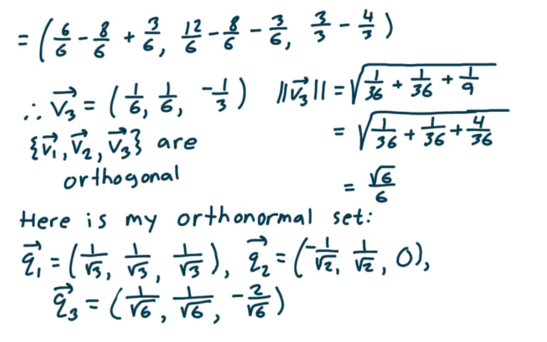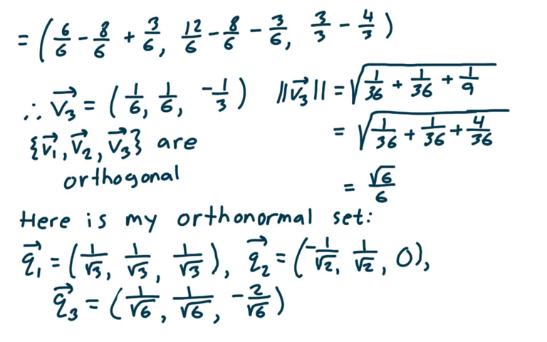So when I want my orthonormal set, I'm going to call Q1 my first vector. That'll be 1 over the square root of 3, 1 over the square root of 3, 1 over the square root of 3. That's the first vector. The second vector, Q2, is negative 1 over square root of 2, 1 over square root of 2, 0. My third vector, Q3, is 1 over the square root of 6, 1 over the square root of 6, negative 2 over the square root of 6.